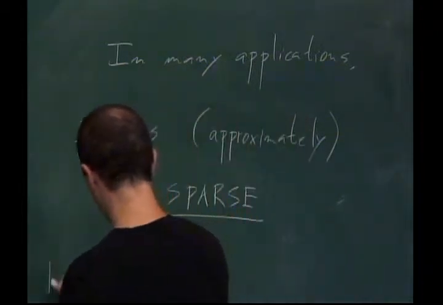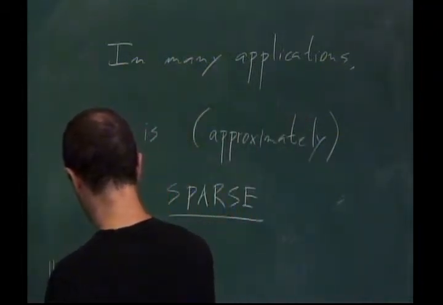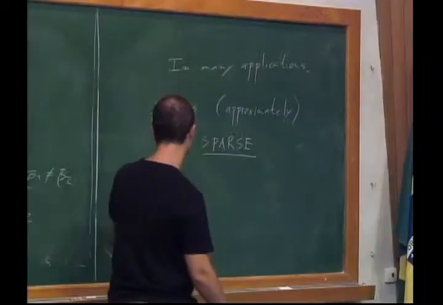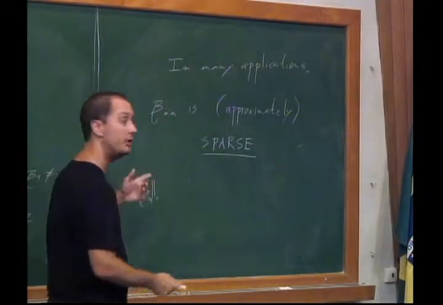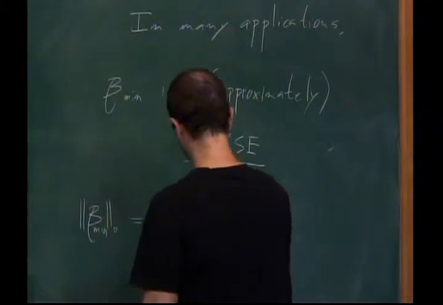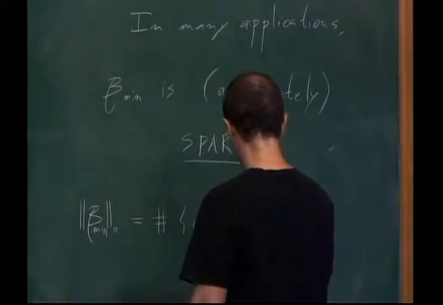So let me define this thing, which people really abuse this notation. Whenever I write the zero norm here, it's not really a norm. It's just the number of coordinates of the vector that are non-zero.